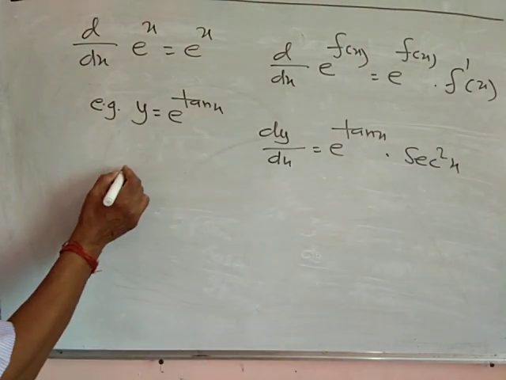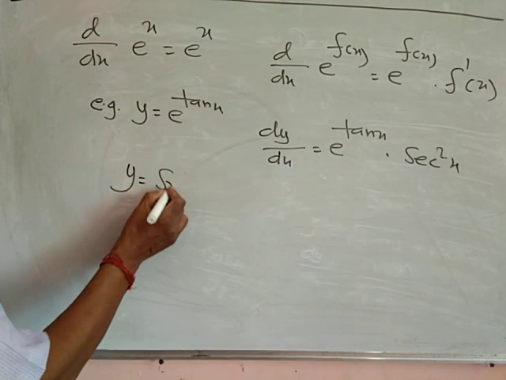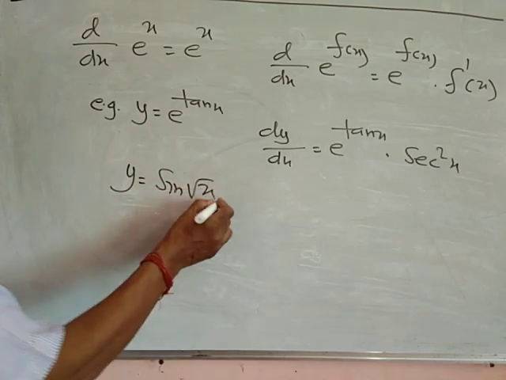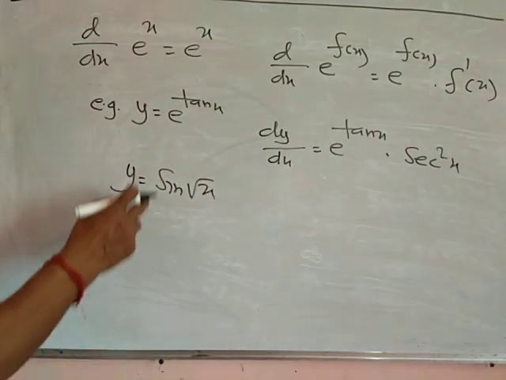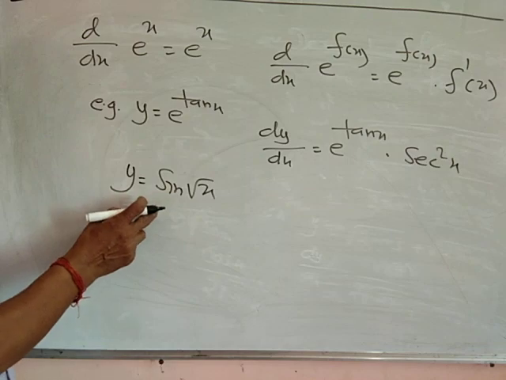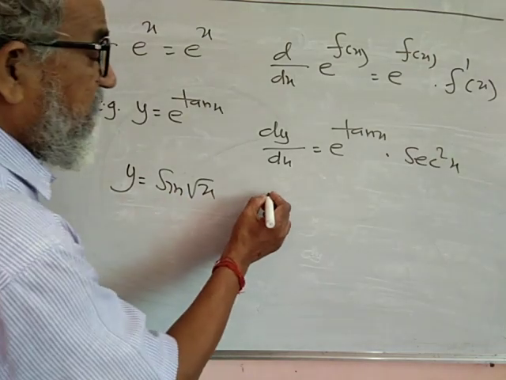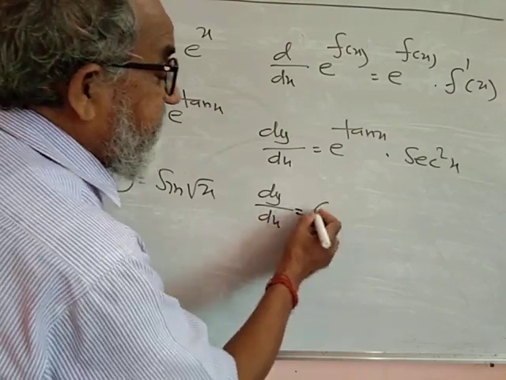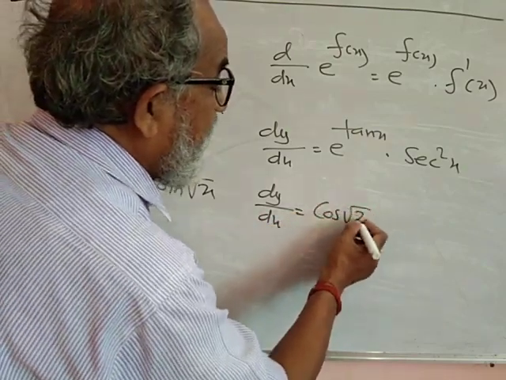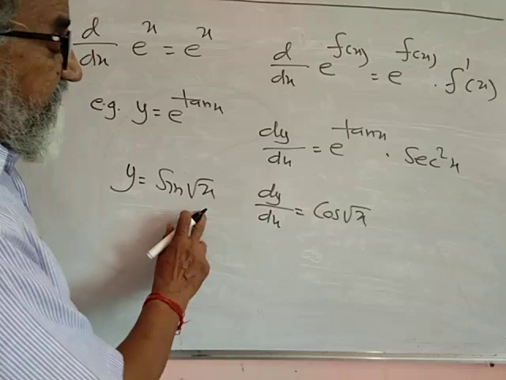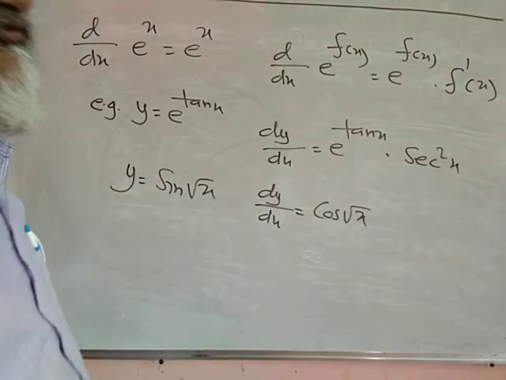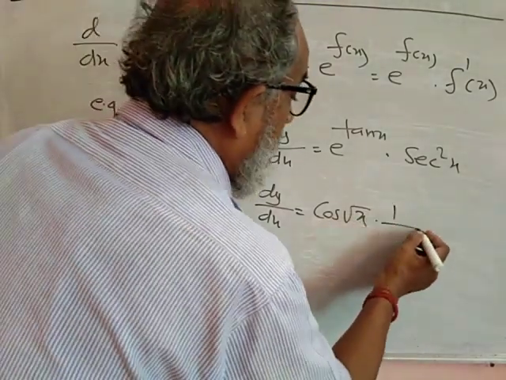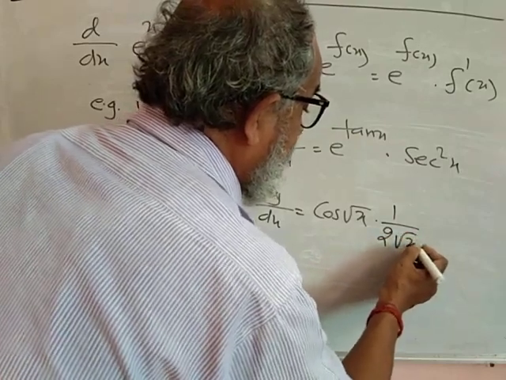Suppose I say y is equal to sine of root x. Now look here. The first thing which we are seeing is sine. So dy by dx is equal to derivative of sine, which is cos of root x. Now we have to find the derivative of root x. So it is 1 upon 2 root x.